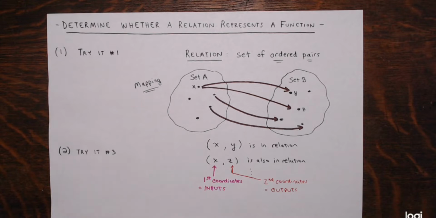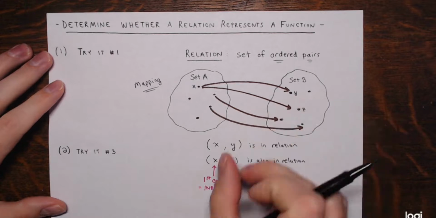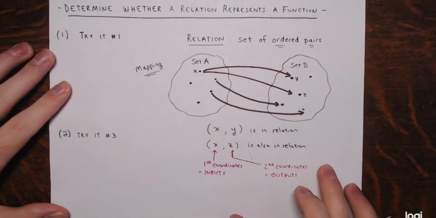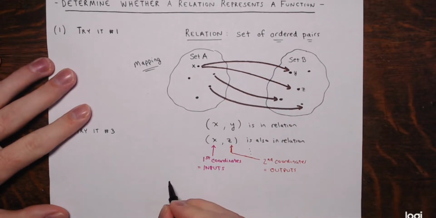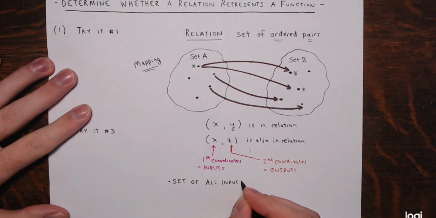Right, and then each relation has these two sets where elements of one set are being paired with elements of another. So just some more definitions here. Sorry, there's a lot of definitions to start this. The set of all inputs is called the domain. The set of all inputs is called the domain of the relation, or the set of all the first coordinates.